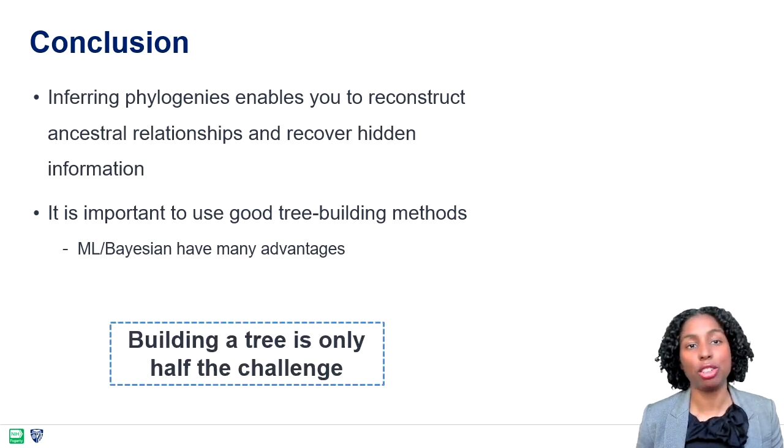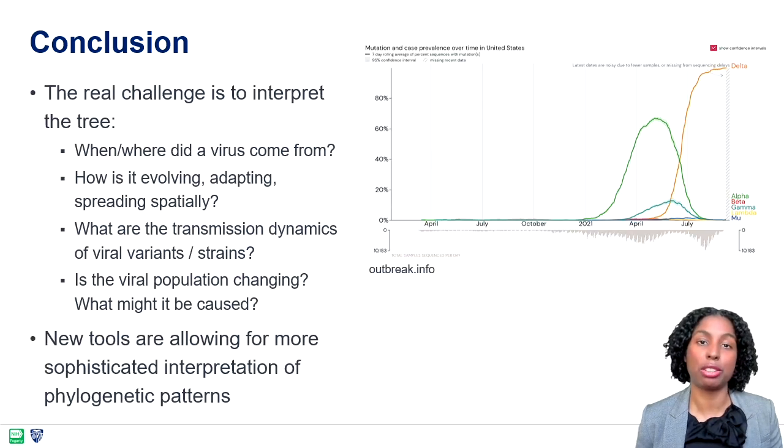However, building a tree is only half the challenge, and the most important is to interpret the tree on when or where did the pathogen originate, or how is it evolving or spreading spatially. Also, keep on the lookout for new extensions of the models presented by the BEAST team and other phylogeneticists that are constantly working on new tools for more sophisticated and in-depth interpretation of the phylogenetic patterns.